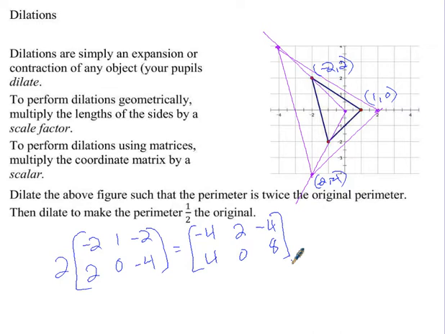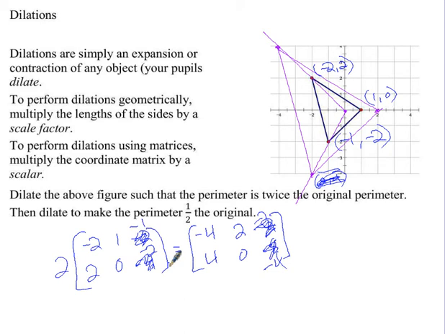And I screwed this up. This should be here. This is, thanks a lot, -1, -2. So that makes this -2, -4. Sorry, the original figure has these ordered pairs. So that's why this matrix was messed up a little bit.